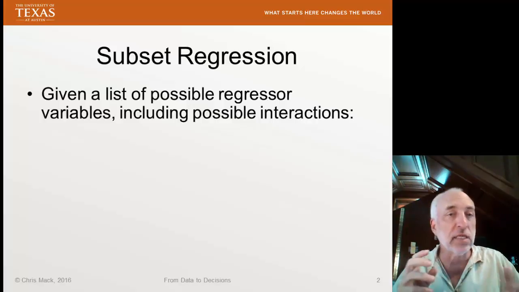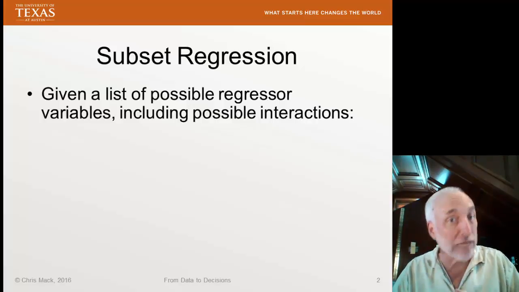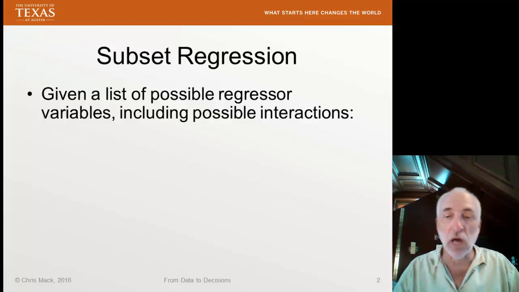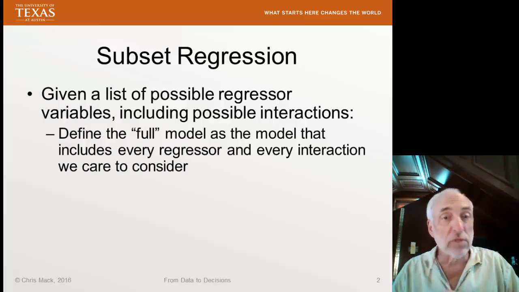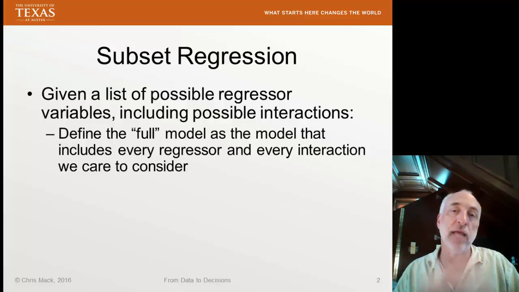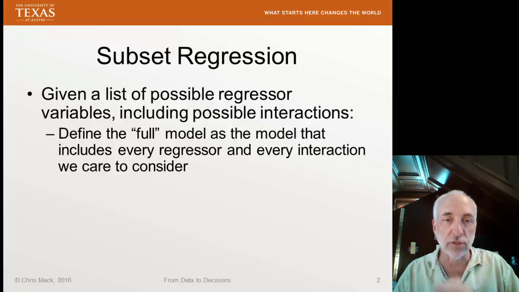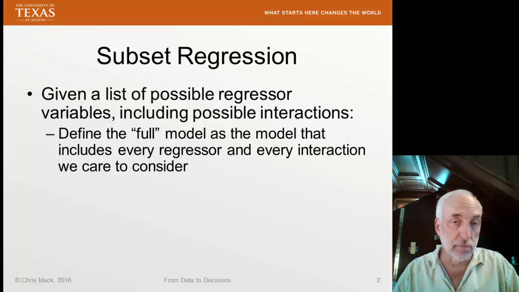So many, in fact, that it becomes difficult to decide whether all of these terms are really necessary when building a model. So we will define the full model as the model that includes every single regressor, interaction term, all the powers that we care to consider.